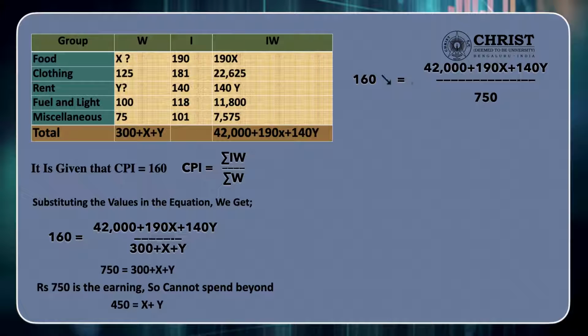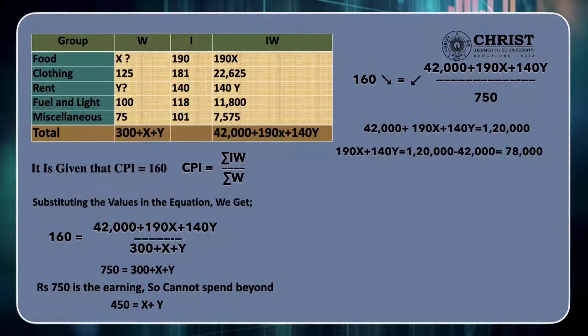Now cross multiplying, 42,000 plus 190x plus 140y is equal to 1,20,000, that is 160 into 750. Simplifying, 190x plus 140y is equal to 1,20,000 minus 42,000, that is 78,000. So we are getting the first equation for computation, 190x plus 140y is equal to 78,000.